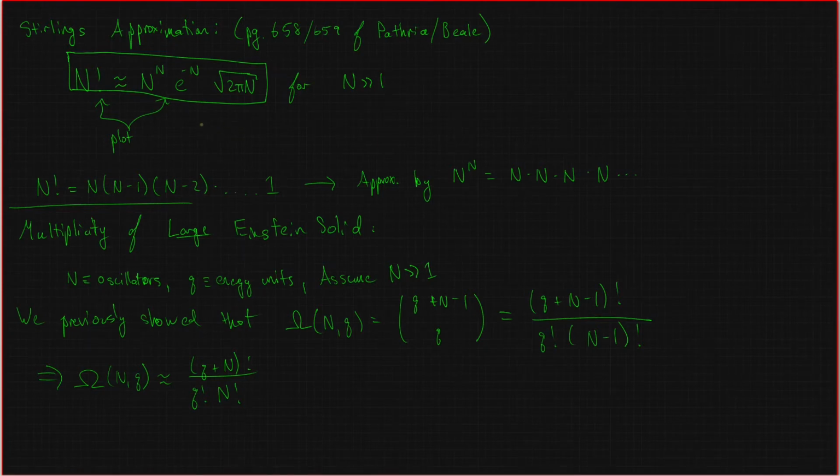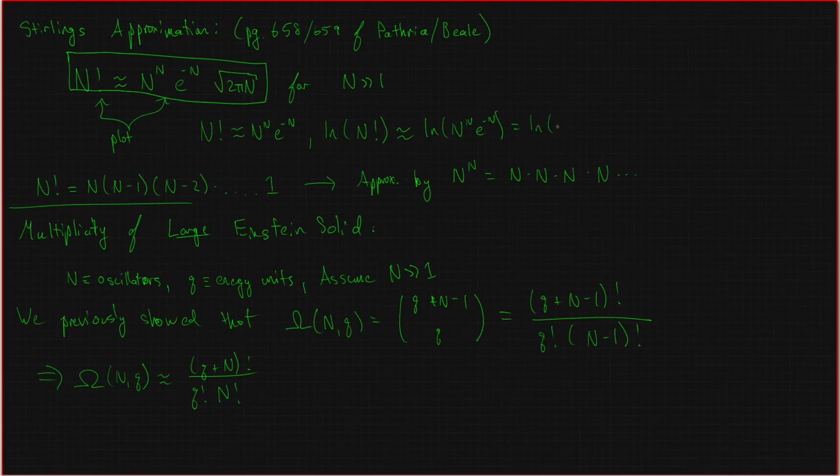So the first thing we're going to do is we're going to rewrite this as n factorial is approximately n to the n e to the minus n for all of our purposes. And then since we're going to be doing a lot of expressions working with the natural log of n factorial, we're going to write Stirling's approximation in this natural log form. So let's take the natural log of the right-hand side, n to the n, e to the minus n, and then use properties of the natural log to break this up.